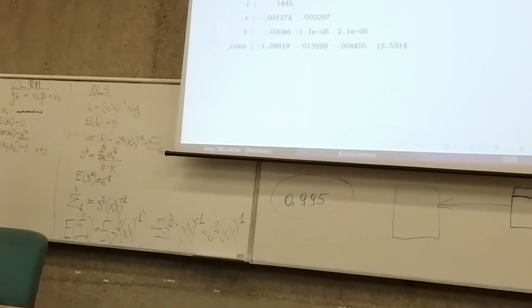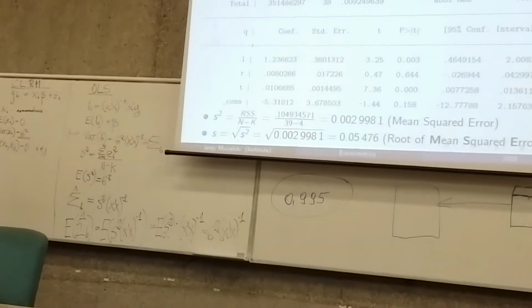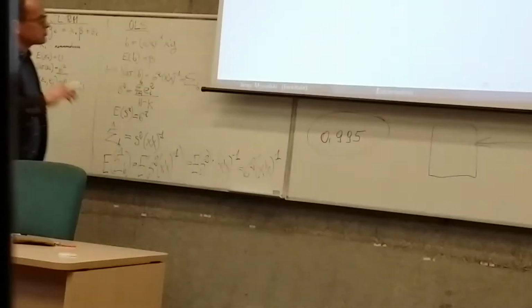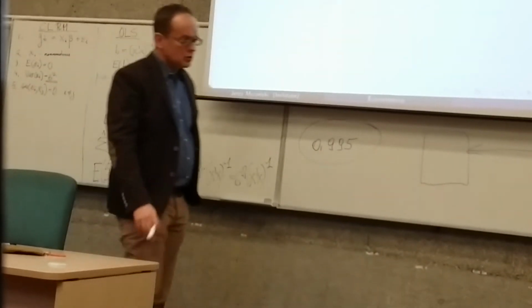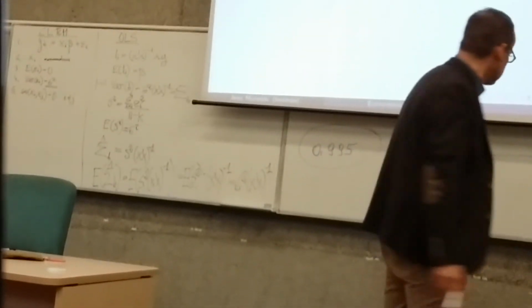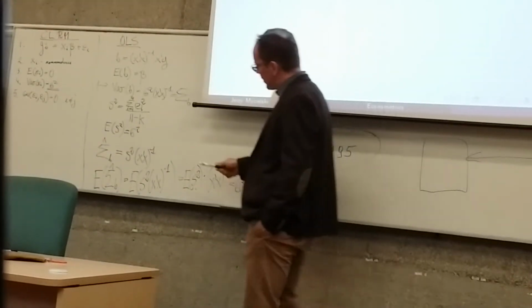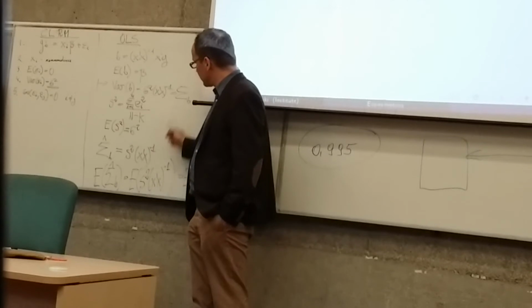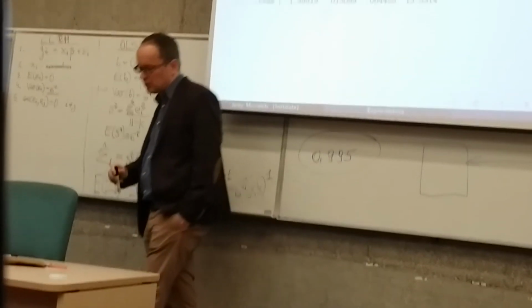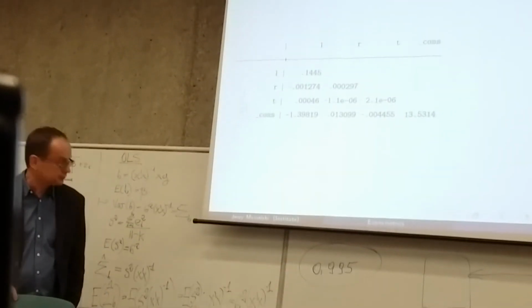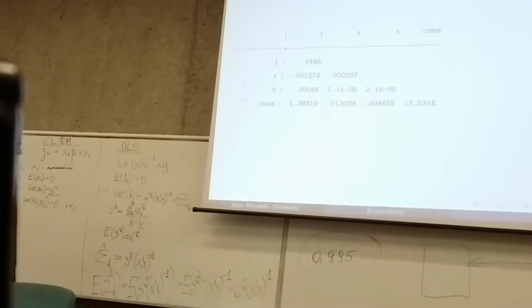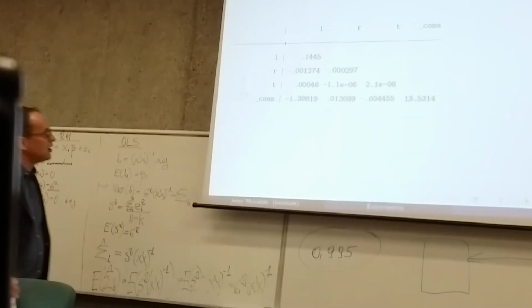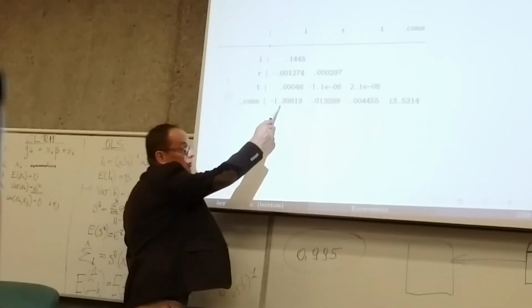And now the variance-covariance matrix. There is a special command in Stata which you can use to obtain this variance-covariance matrix, the estimate of the variance-covariance matrix of our OLS estimator, and you have this matrix reported here.